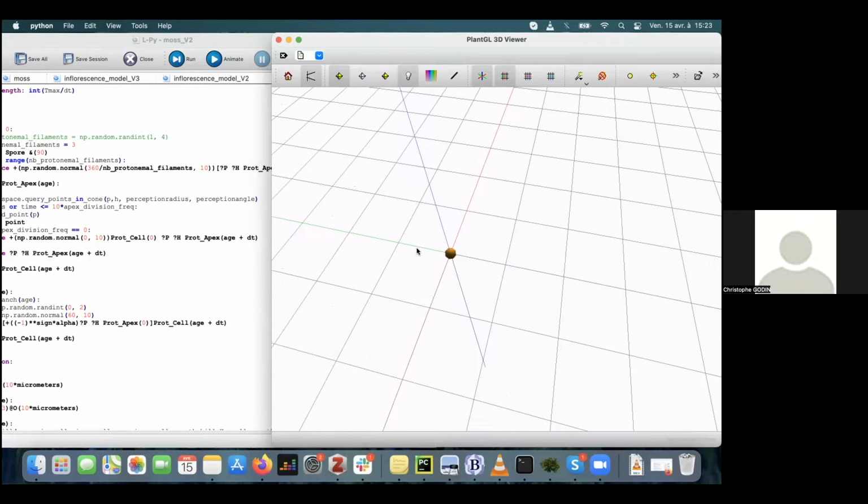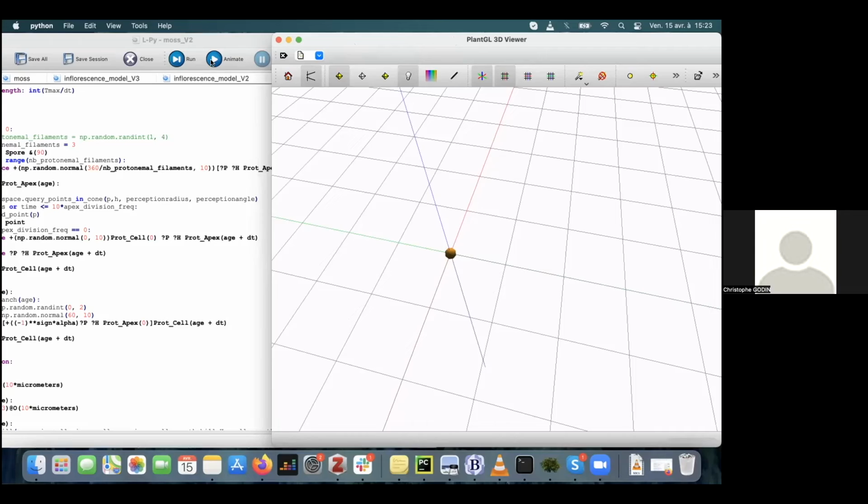So I make 3 filaments emerge. They explore the space with a random angle at every growth step, and then they start branching. The mechanism that took me some time to understand is the self-avoidance mechanism: when a filament detects another one in its vicinity, it stops growing.